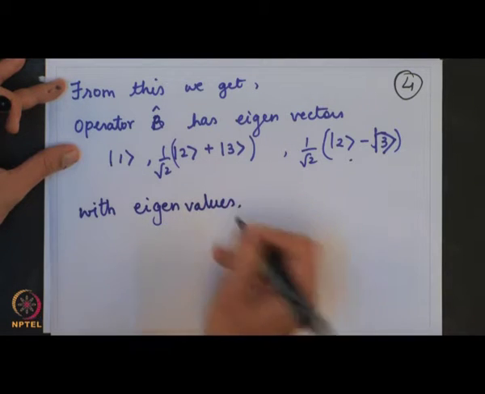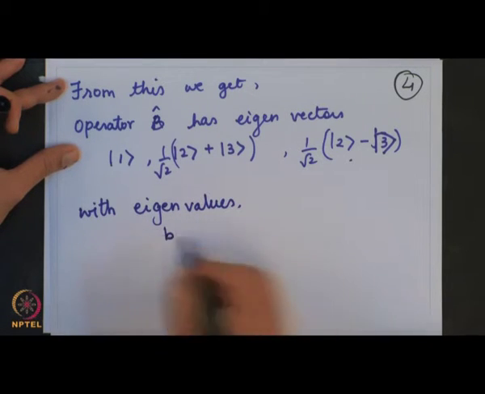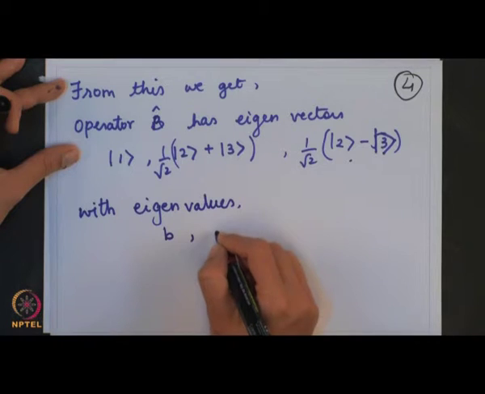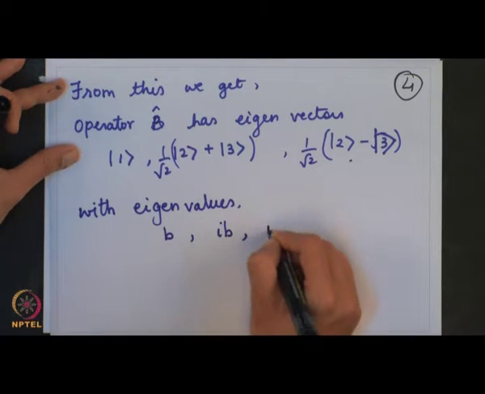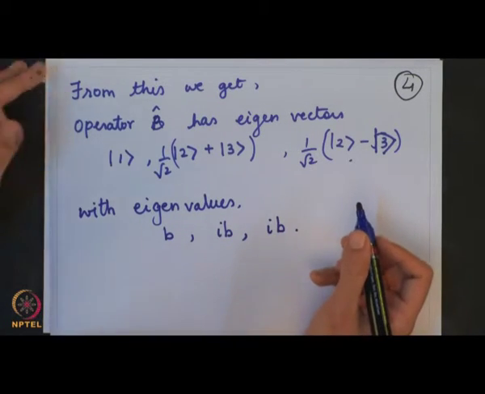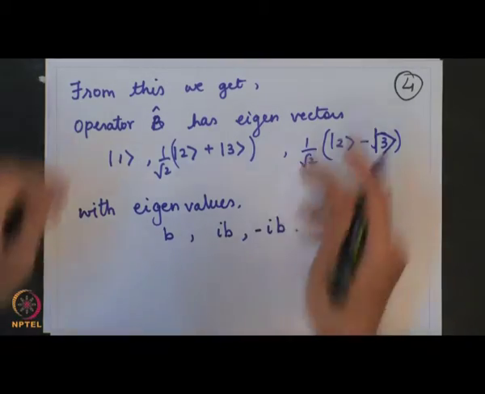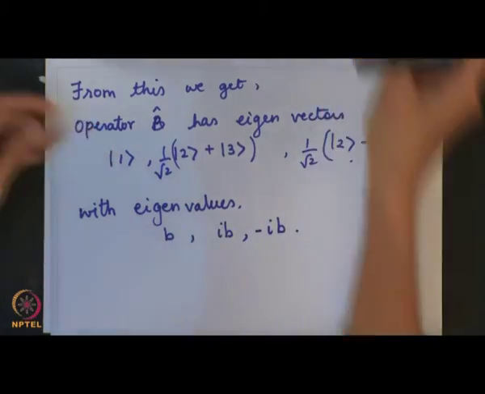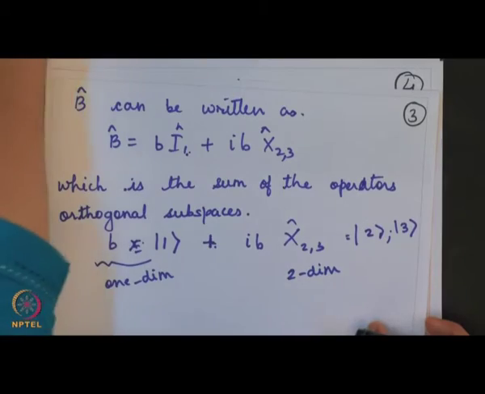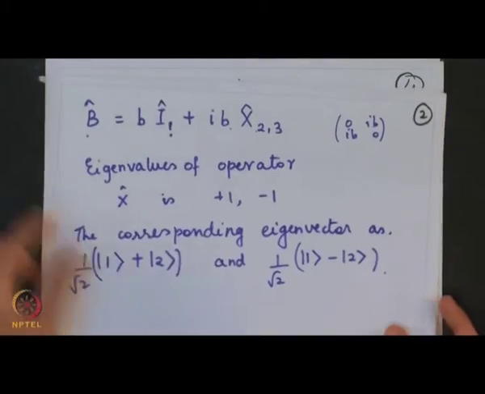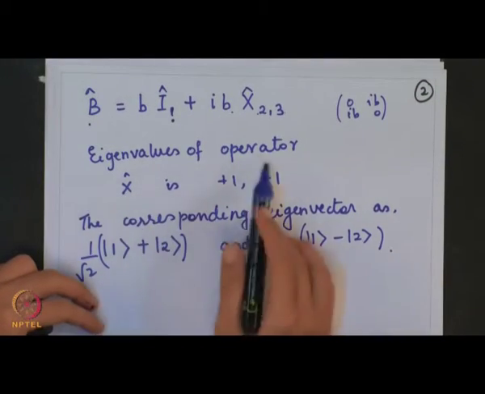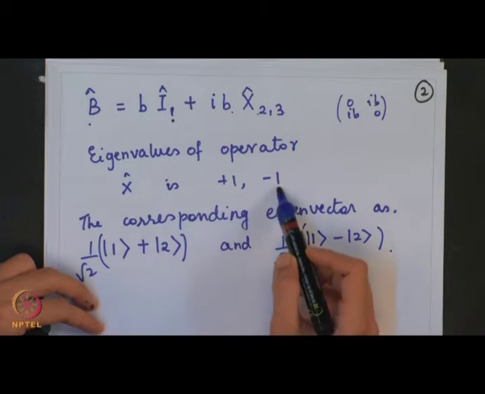Okay, from this we can guess the eigenvalues also, b, ib and minus ib, because we have seen on the second page that the eigenvalues of this operator are +1 and -1.